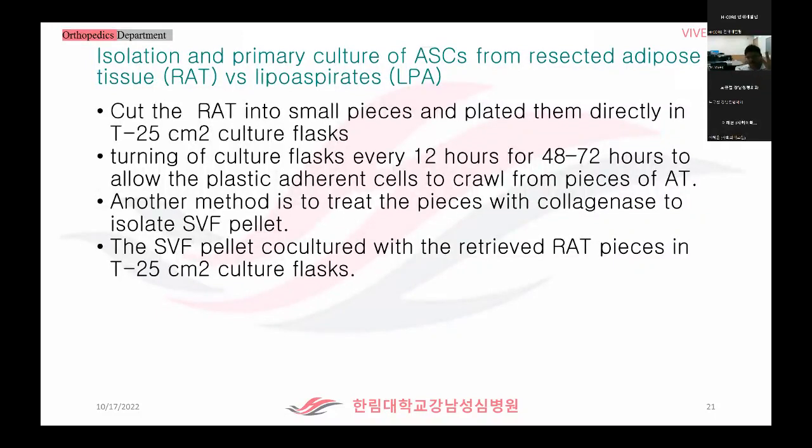The isolation is very important, and this is one of the protocols we follow in our laboratory, isolating adipose from two sources.